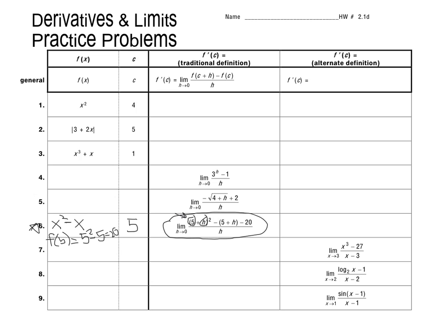So now that we know the function and we know the value that I'm finding the derivative at, I can do the alternate definition. So the alternate definition is we're going to approach, my writing is horrible, the limit as x approaches c.